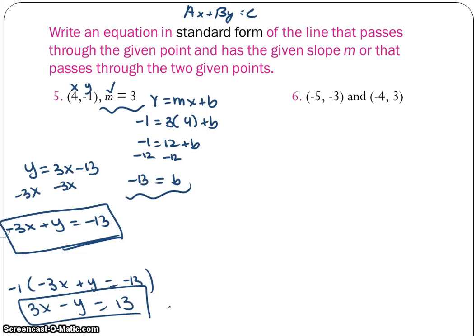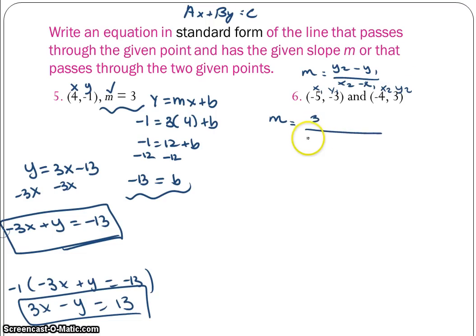How do we do that? 6 does look different. Thank you for saving this one for me. I think that we need to find the slope first, the slope of this line. So m is equal to, remember, it's y2 minus y1 over x2 minus x1. Labeling x1, y1 and x2, y2, I'm going to calculate my slope.